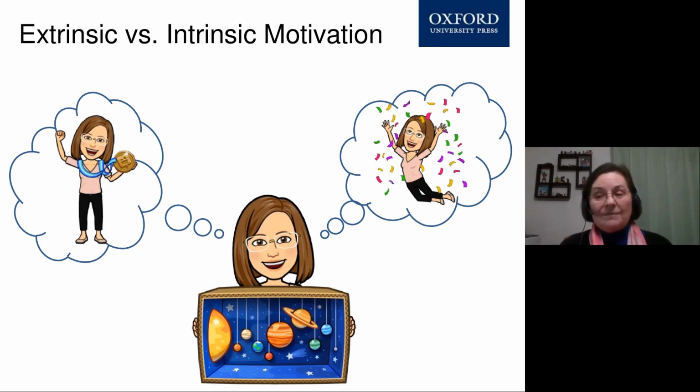Intrinsic motivation is something that we do for enjoyment of the activity itself, and also for a sense of satisfaction. Okay, it looks as if a lot of you are already pretty comfortable with both types of motivation, which is really good. Then you can contribute in the chat to help everybody else learn.